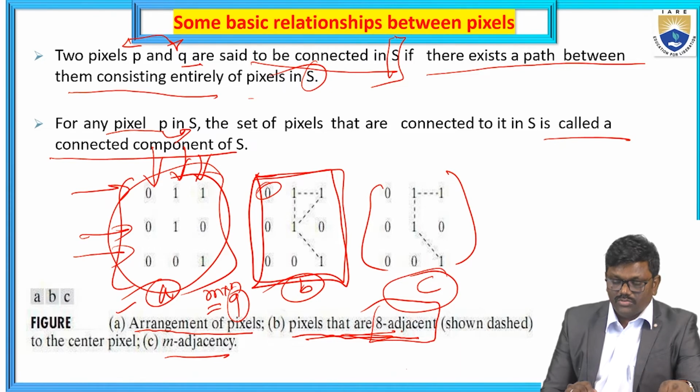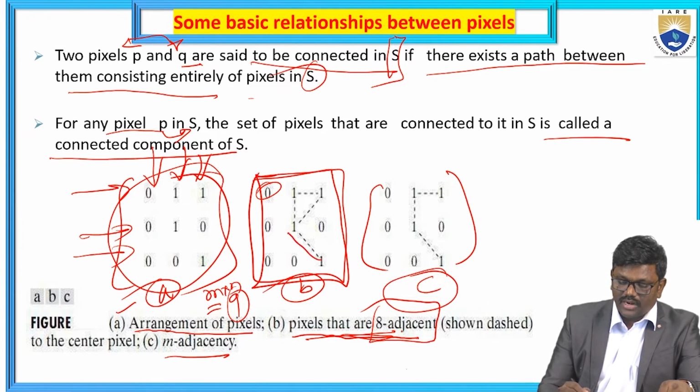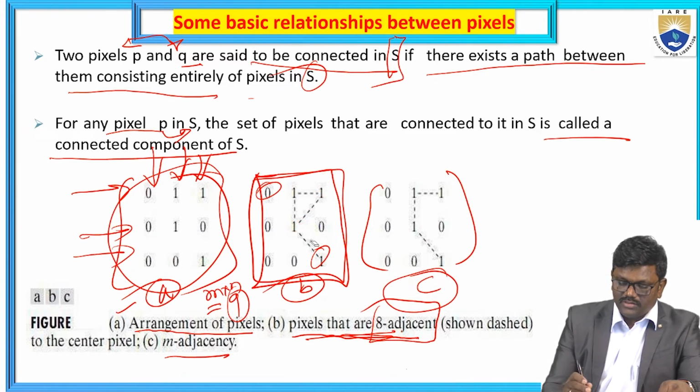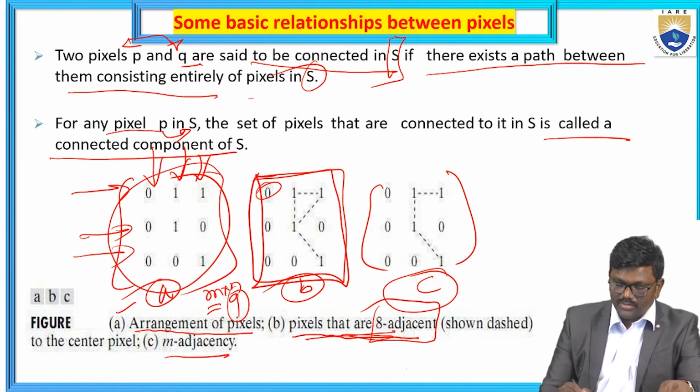So how may 8 adjacency change? That means the relations of a pixel from 1 to this and this and this. How many changes may there be? 1, 2, 3. You are going to understand these changes in terms of shortest path. Or else if I go like this, 2 to the power of 3, which is 8.